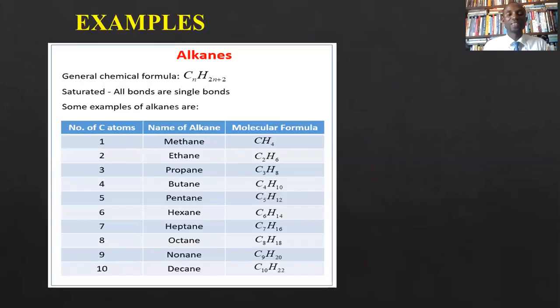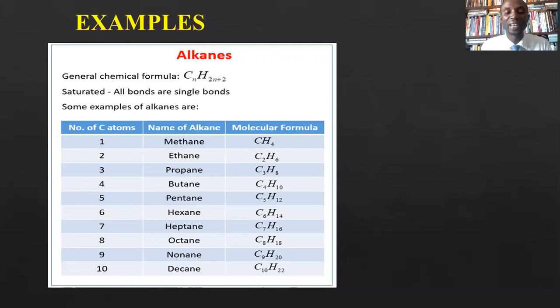Now let's take an example of the alkane that I just mentioned with their general formula. The general formula for alkanes is CnH2n+2. With that, for the first carbon atom, when you put 1 in n and multiply through, you're going to have CH4. And the name of that compound is methane. Second one is ethane. Third one is propane. Fourth one is butane.